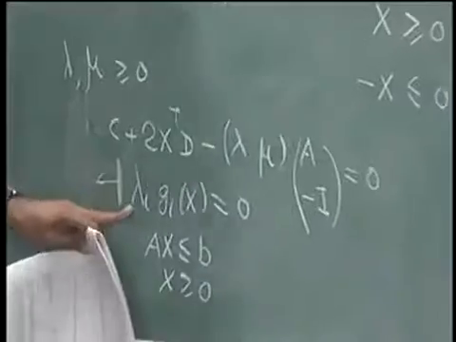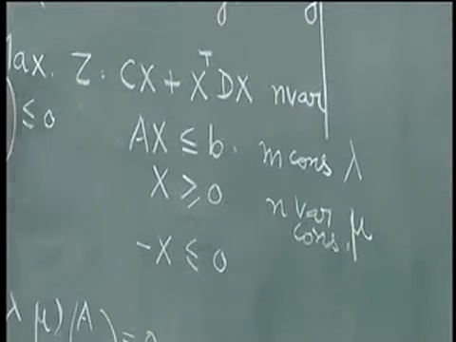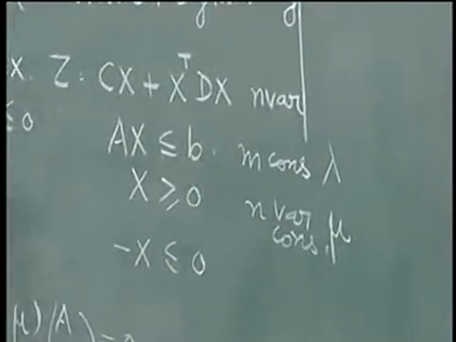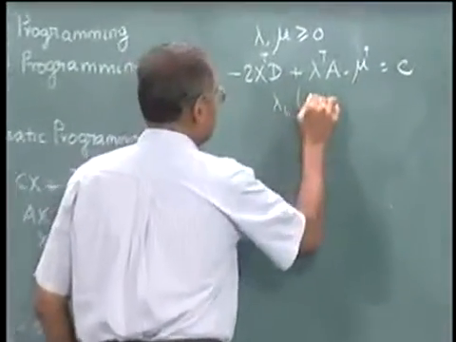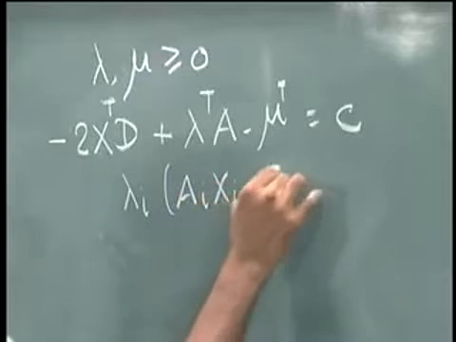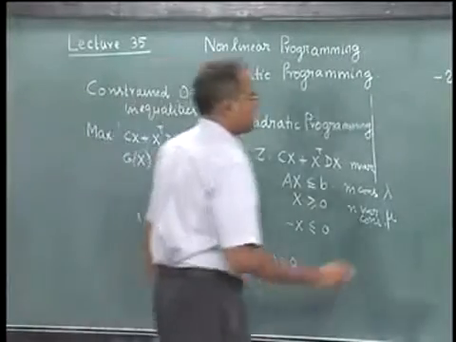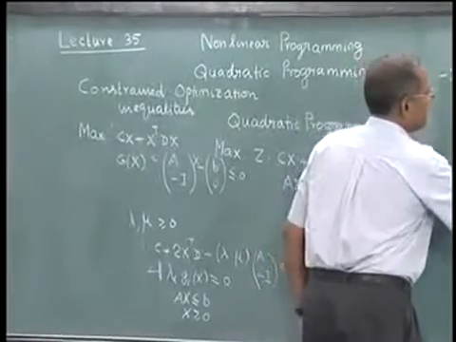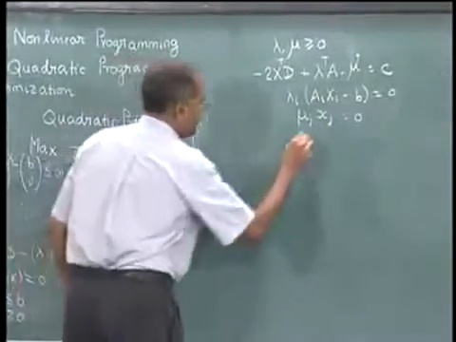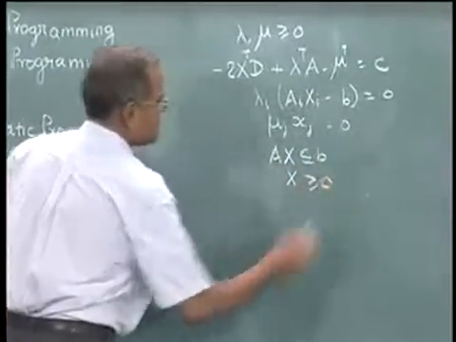So this will be written as lambda times, so if each one of these constraints will become ai xi minus b, so this will be written as lambda I into ai xi minus b equal to 0, and this will be written as mu into x is equal to 0. So this will be written as mu j xj equal to 0, and then we have ax less than or equal to b, and we have x greater than or equal to 0.